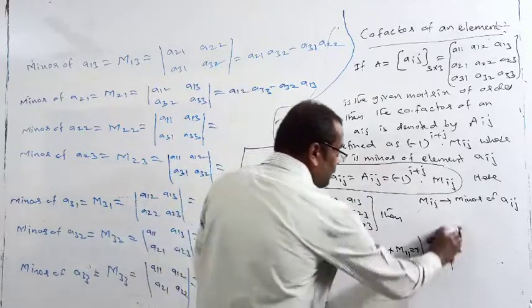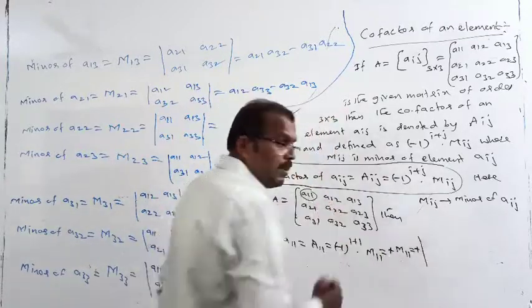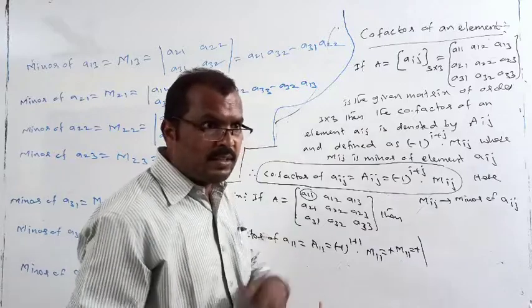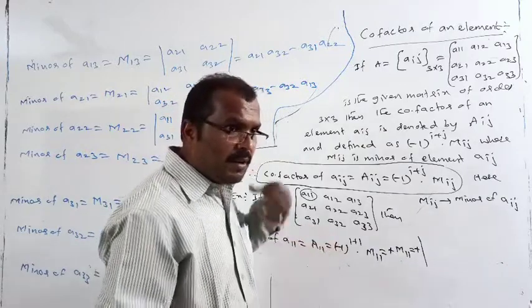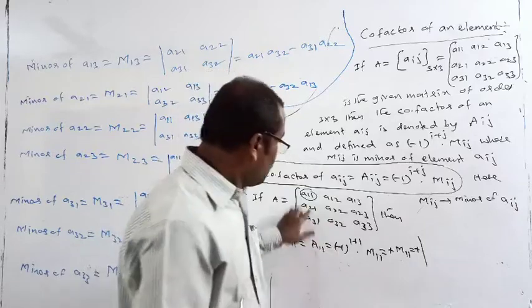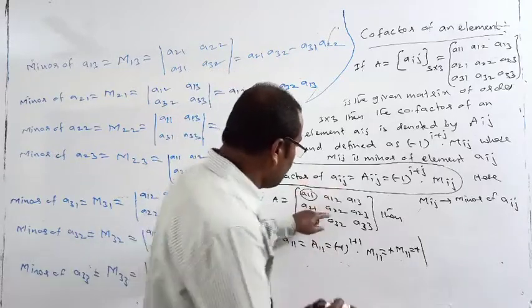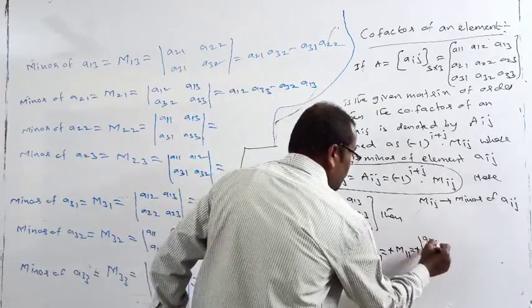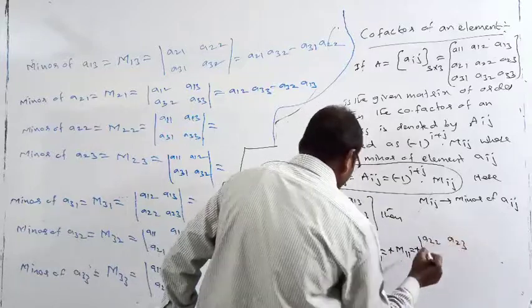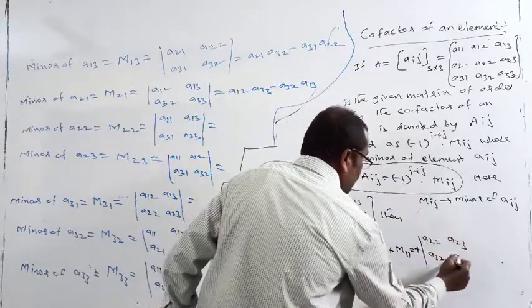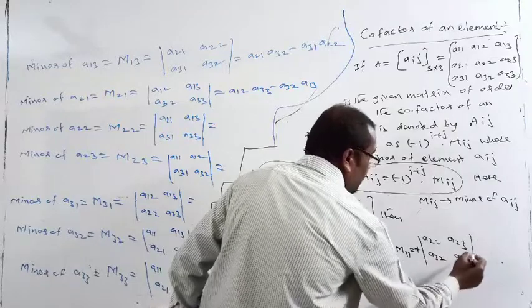So now we are writing the determinant. When you are writing the minor, you have to delete the row and the column at the element present. Here we have the element, so delete the row and column: A22, A23, A32, A33. Now we can expand it. We have a plus before it.